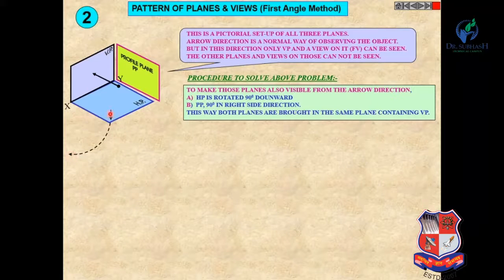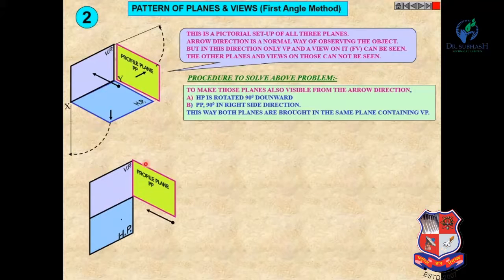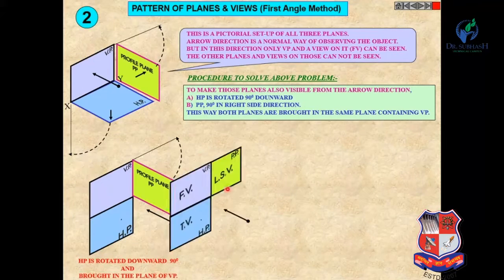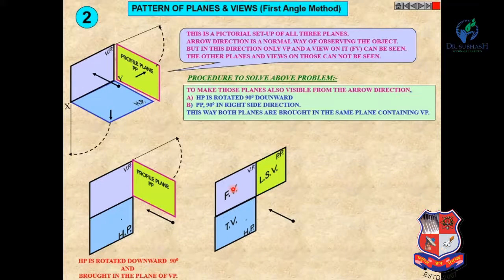Rotate the HP 90 degrees in the downward direction and rotate the profile plane 90 degrees in the right direction. By rotating the HP 90 degrees downward, you will see the final position. Similarly, if we rotate the profile plane 90 degrees to the right, then you will find the front view, top view and left hand side view: vertical plane, horizontal plane and profile plane.